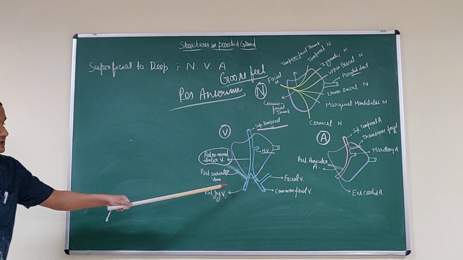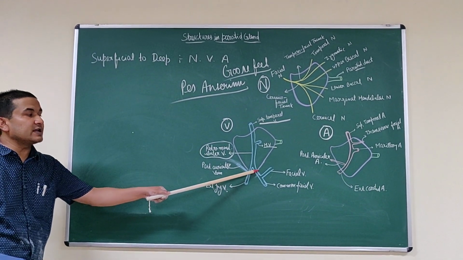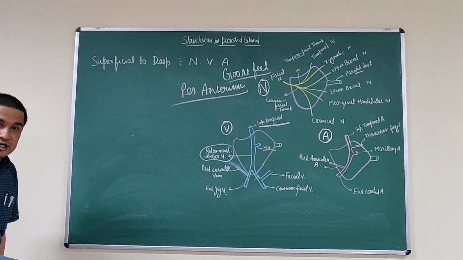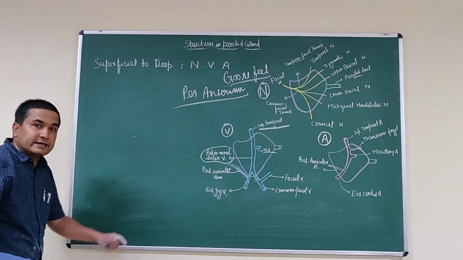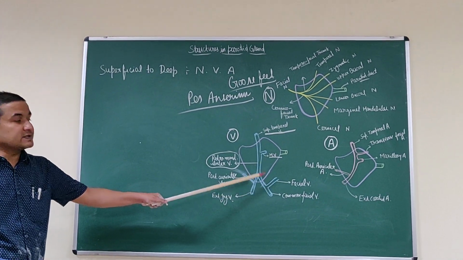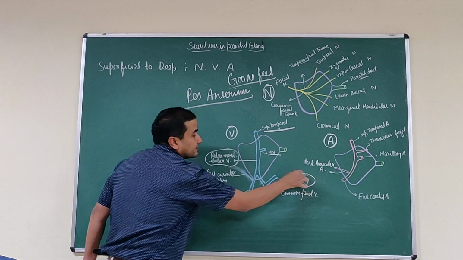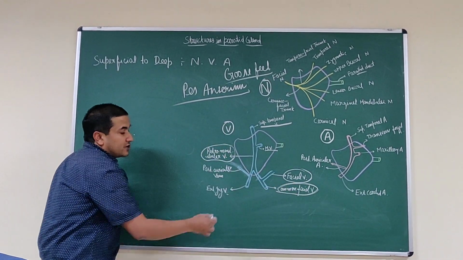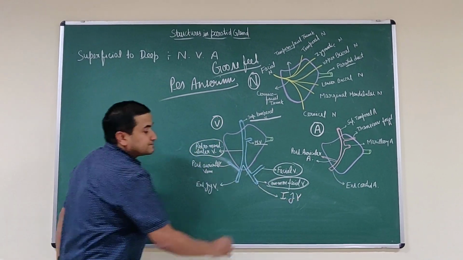Near the apex, this retromandibular vein is divided into the anterior and the posterior division. This is the anterior division and this is the posterior division, which comes out through the apex of the parotid gland that we have discussed. Now, this anterior division of the retromandibular vein unites with the facial vein, and they form the common facial vein, and this drains into the internal jugular vein.